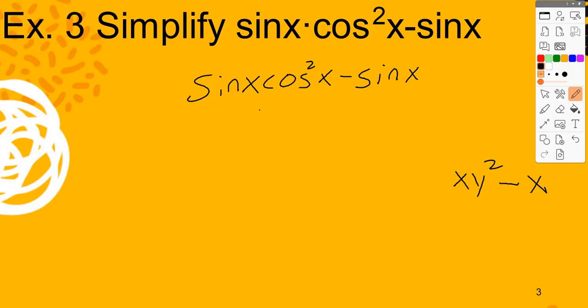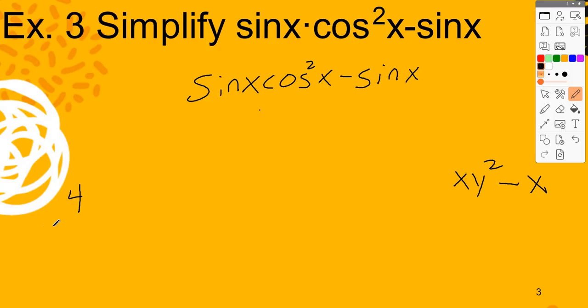Other idea? You divide by sine. So, no. Well, you're on the right track. I can't just divide by a sine because, think about if I just had 4, right?